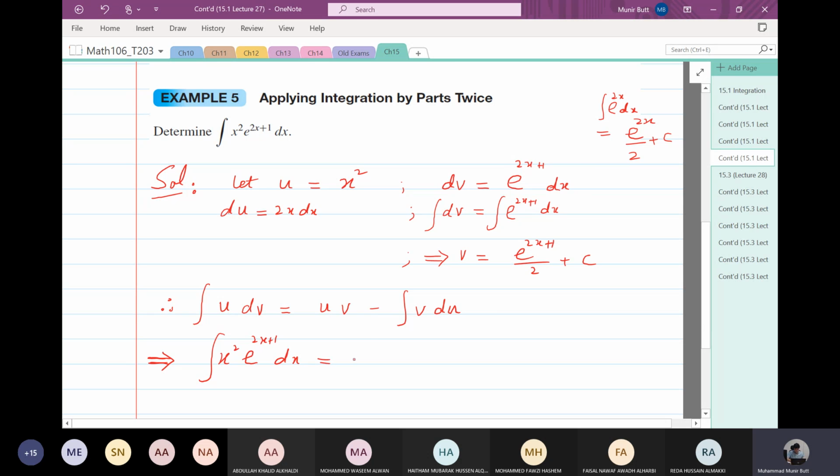So again, u is your x squared and v you just calculate it, e to the power 2x plus 1 over 2, and minus integration of this v, e to the power 2x plus 1 divided by 2, times du, and du is 2x dx.